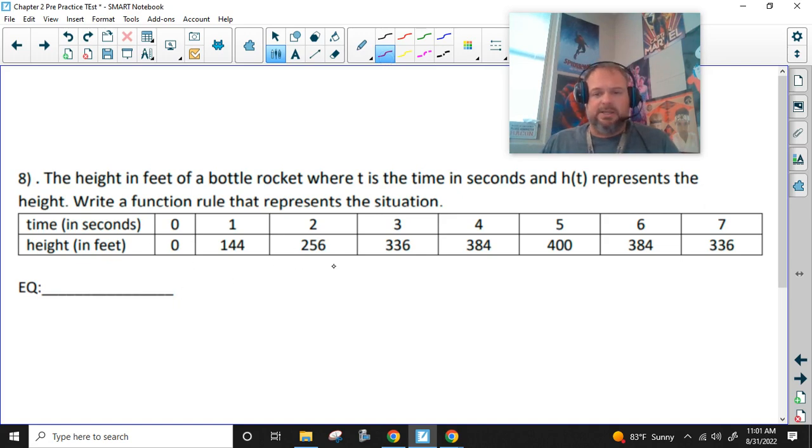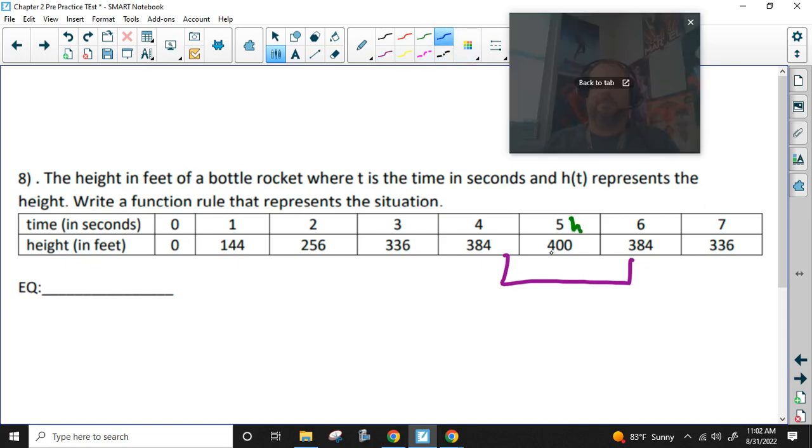So I'm looking. They repeat right there. Okay. Notice I didn't even read the situation. It's jibber jabber. I read write a function rule. That's what we're doing. Okay.